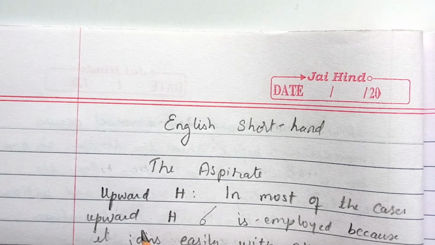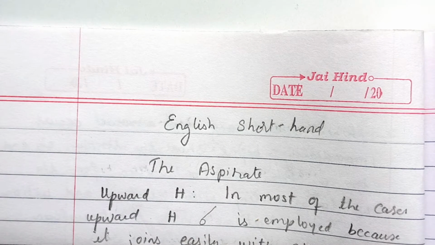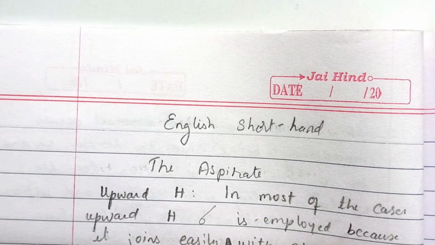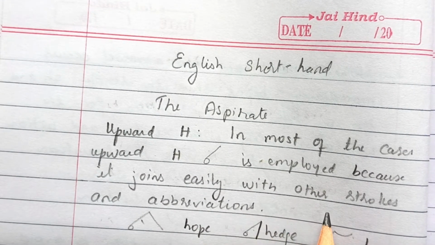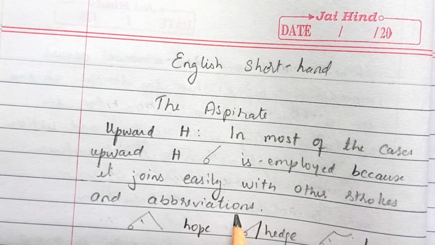And here for H, we have two types, upward as well as downward. In your previous classes of alternate R and H, we studied some points about H. In this class again, we'll discuss more about this stroke H. In most cases, the upward H is employed because it joins easily with other strokes and the abbreviations.